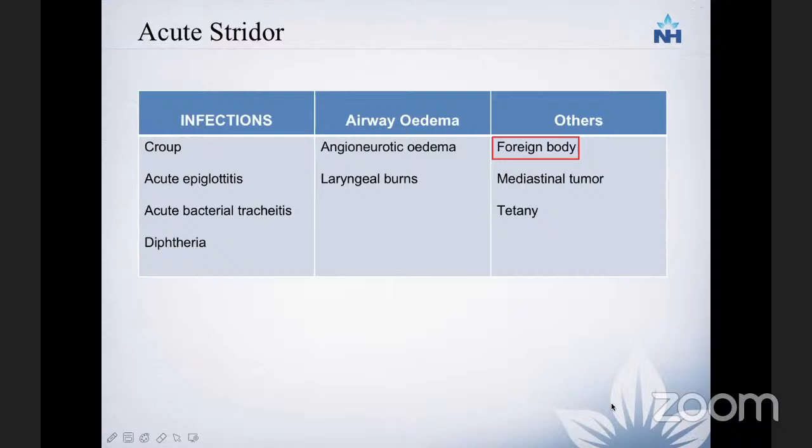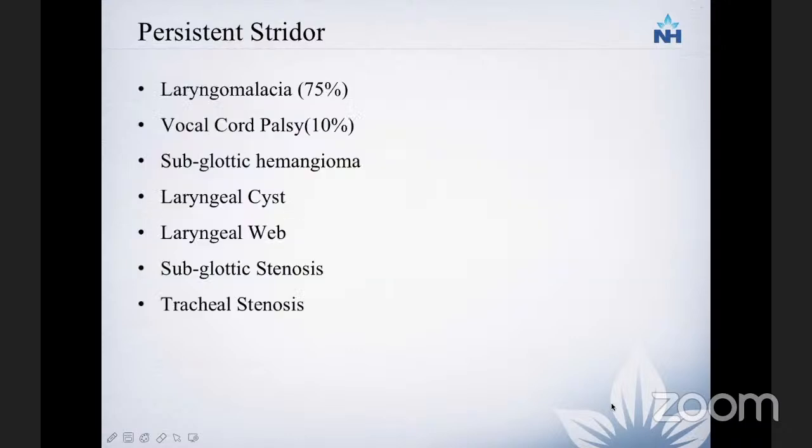To us as pediatric surgeons, foreign body bronchus or foreign body trachea are the most common cause that we see in our day-to-day life as a cause of stridor. And other things are a mediastinal tumor compressing the airway, or in tetany also we can have a stridor.